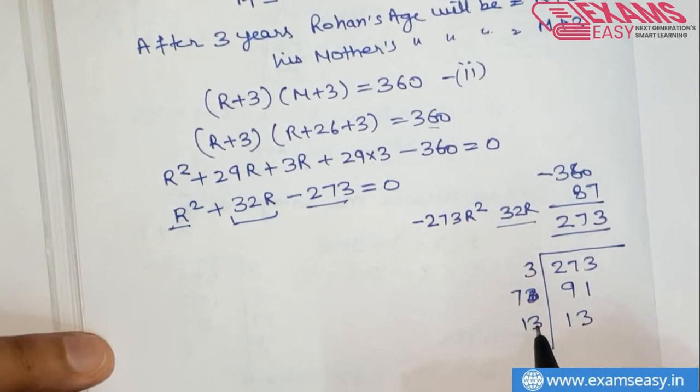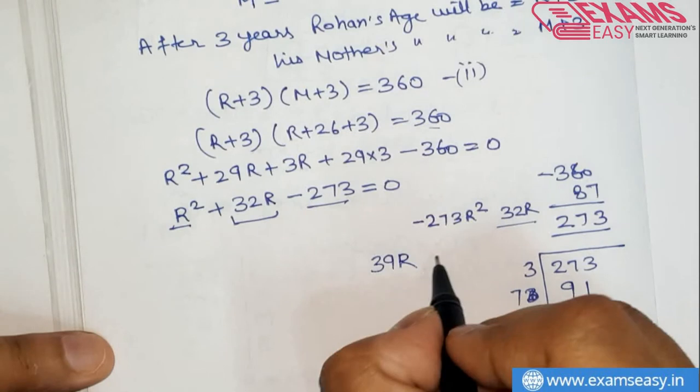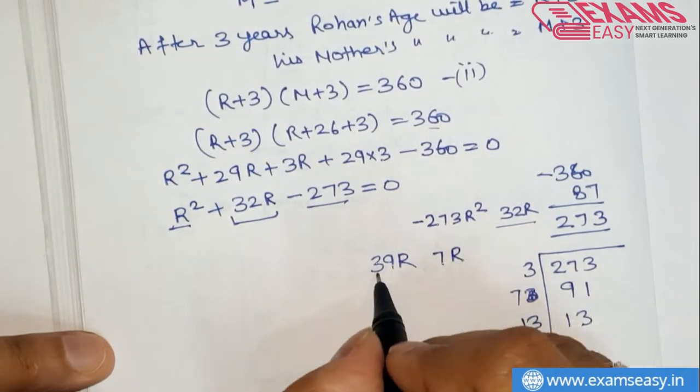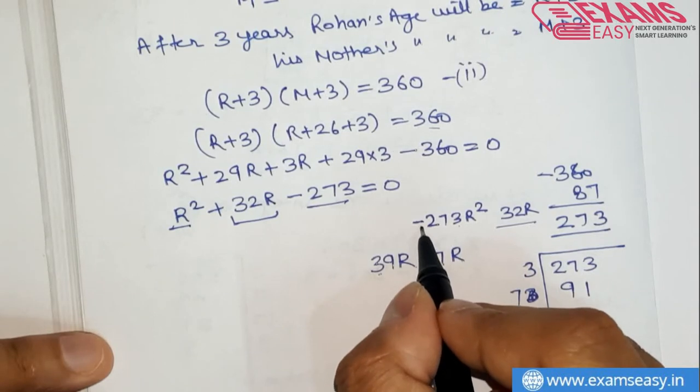So if we multiply 13 into 3, it will become 39, and this will be 7. So 39R and 7R. If we multiply this, then we get 273, but we want negative.